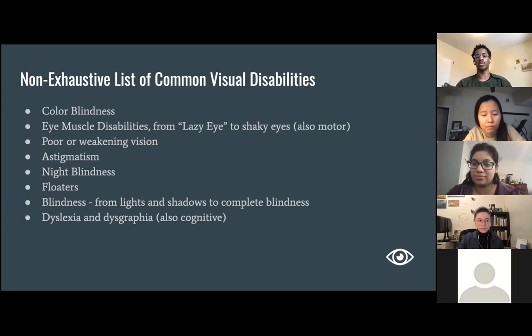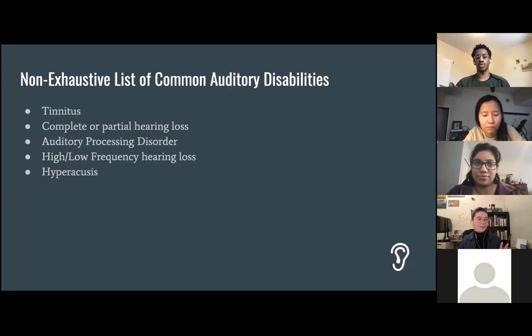And then we also have a small list of auditory disabilities. It seems small, but it's because hearing loss is on an even bigger scale. You can have partial hearing loss in one ear, or tinnitus, which is the constant ringing in your ear, and that can be loud.